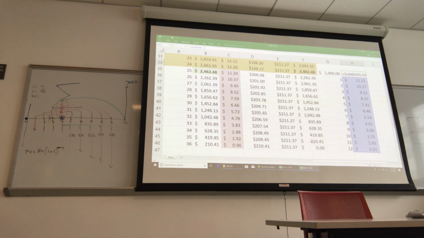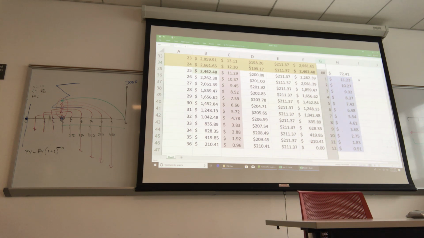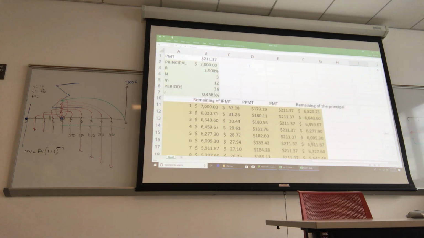Woodland would say something else. Say, okay, take this on the side and let's calculate the present value of the payments on the principal.